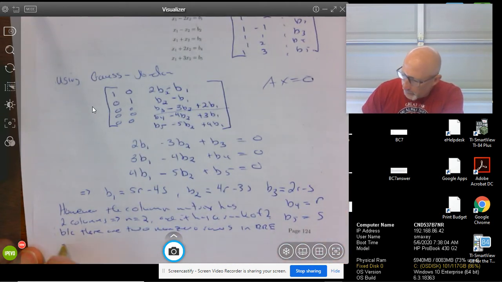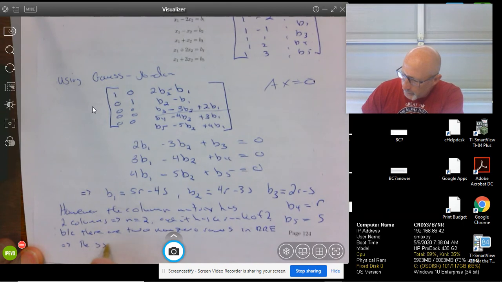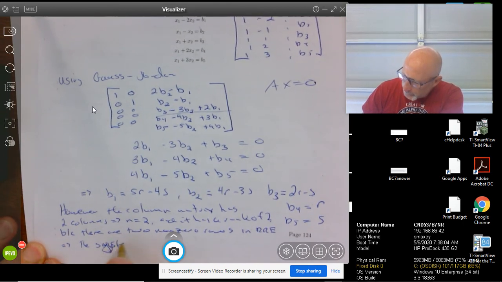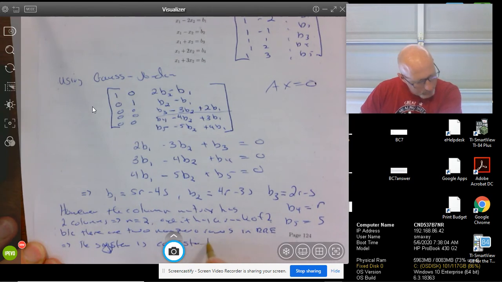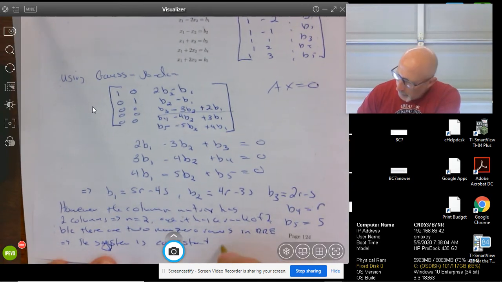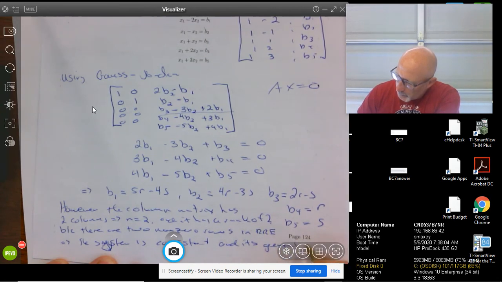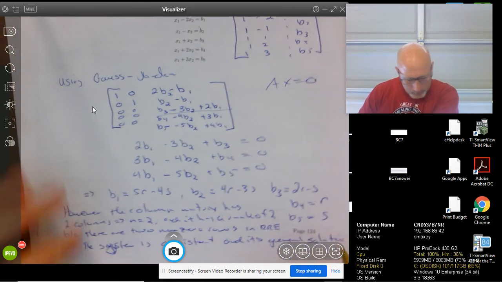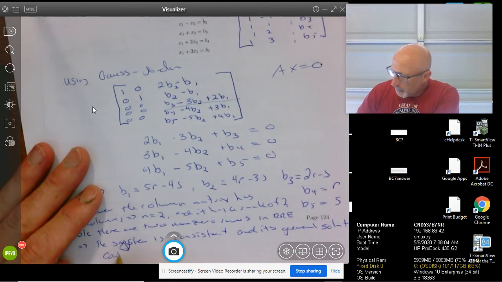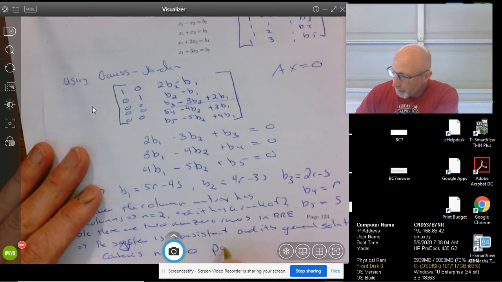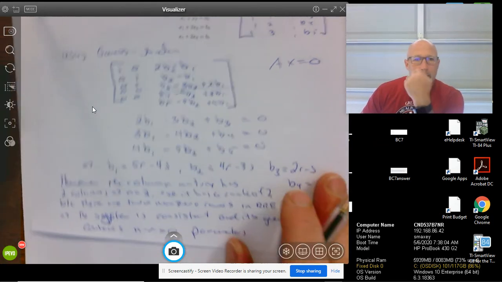Okay, this implies the system is consistent and its general solution contains n minus r, which is equal to 0 parameters. So therefore the solution is unique.